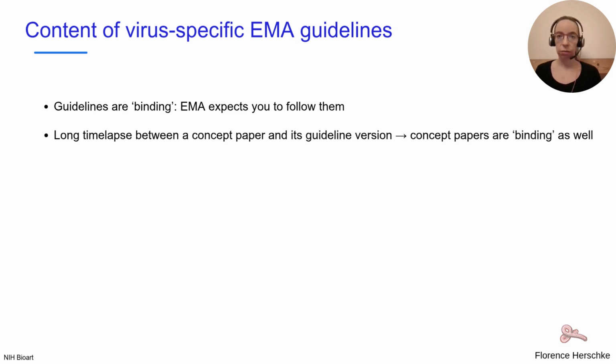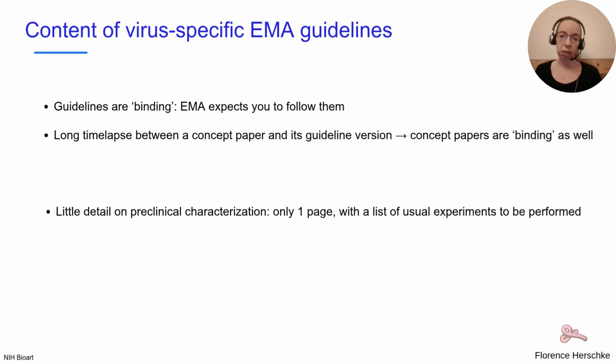Looking at the 5 scientific guidelines for the different viruses mentioned, there is actually very little detail on preclinical characterization. It's about 1 page, and most of the document is on clinical characterization. But coming back to preclinical, it is actually a list of experiments that EMA expects you to perform.